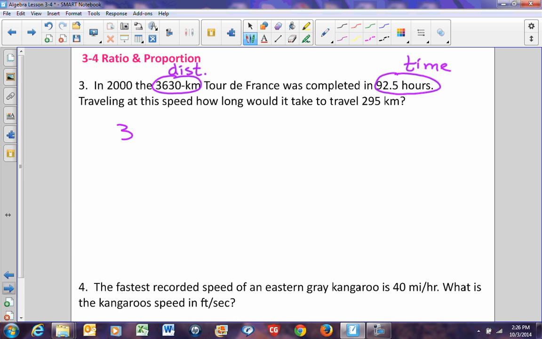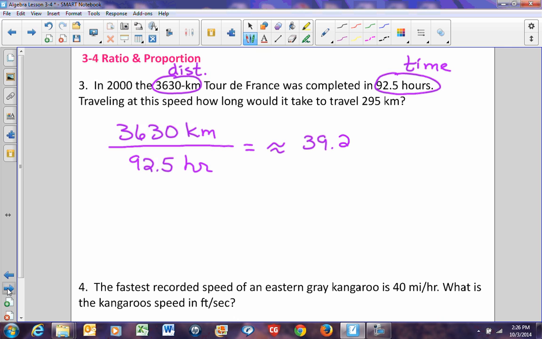So if I have 3,630 kilometers, and it took me 92.5 hours to ride that, I can figure out how many kilometers per hour I was going. So if I take 3630 and divide that by 92.5, I'm going to get about 39.25 kilometers per hour.